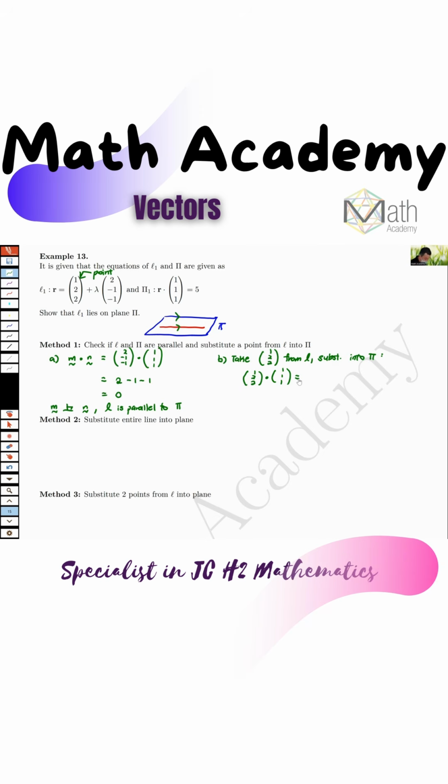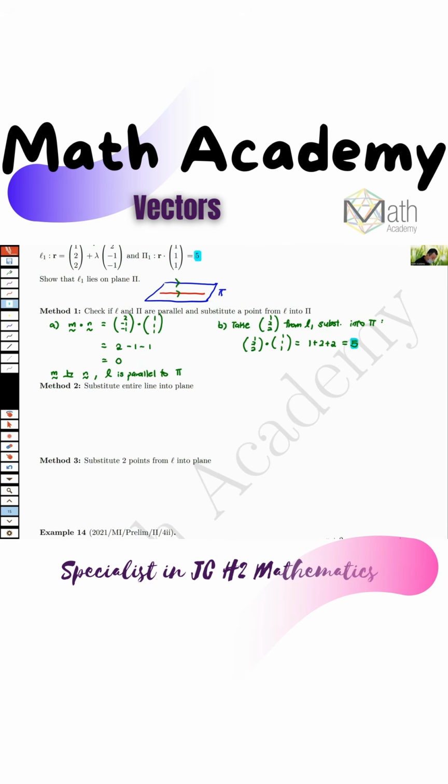We work out the dot product, which will give me 5. Importantly, I'm trying to check whether this value matches the one on the right-hand side there as well. Okay, so from this, since it matches, we can conclude. So 1, 2, 2 lies on pi.